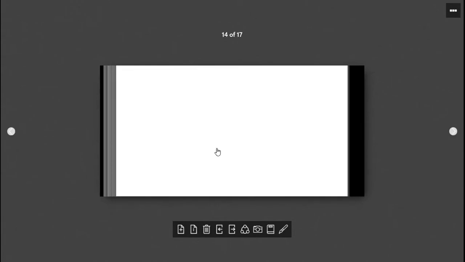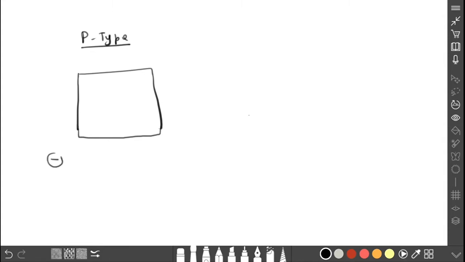Okay, so when we see this P-type semiconductor diagram, this is P-type, which consists of acceptor atoms. Acceptor atom means it is ready to accept electrons.